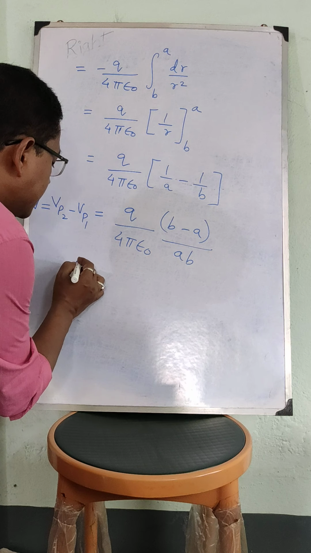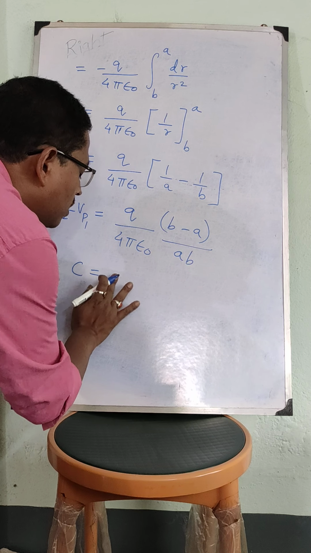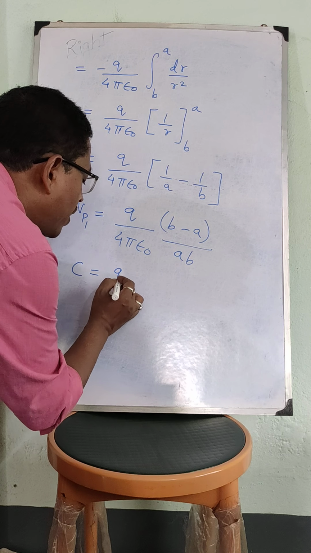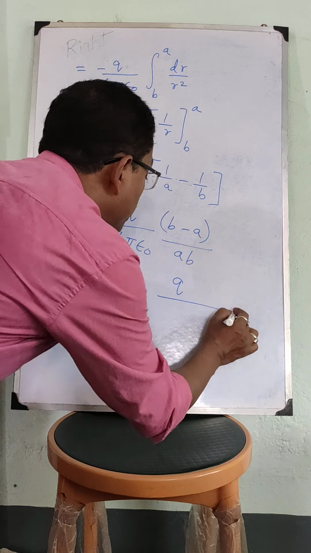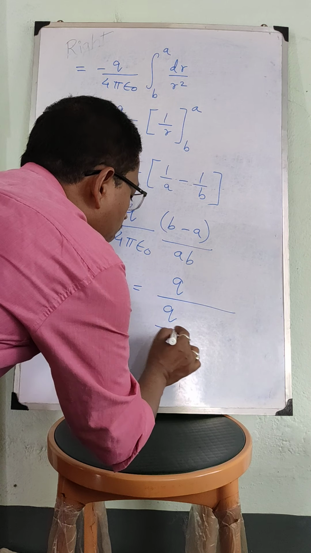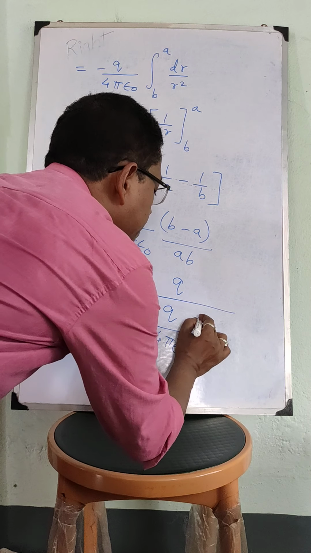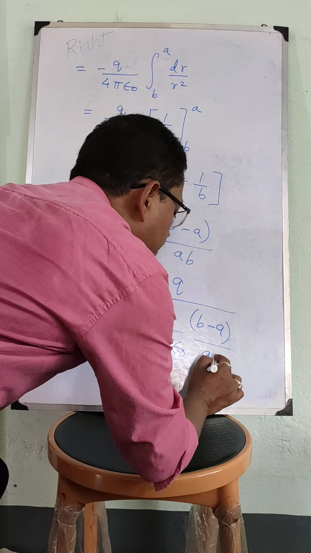Now capacitance is equal to the charge on one conductor divided by the potential difference, that is Q by V. So I have to divide this Q by this term, because this is V. So Q by 4 pi epsilon 0 times (b minus a) by ab.